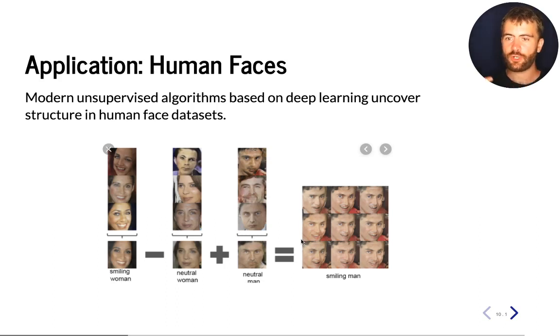So this is actually a generative unsupervised learning model that can generate images, and that gives us the image of a smiling man. So in other words, without knowing anything about human faces, only looking at data, this model has learned representations for the data which allow us to do these interesting arithmetic operations, such as smiling woman minus neutral woman plus neutral man gives us a smiling man.